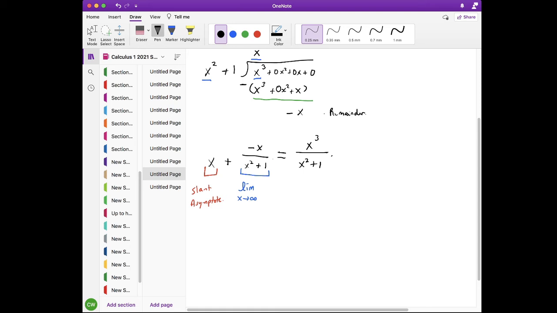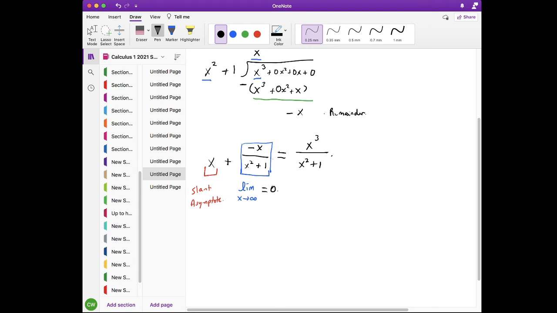So I'm only looking at this term, not the whole thing. It's the horizontal asymptote of negative x over x squared plus 1. It's 0, yeah.